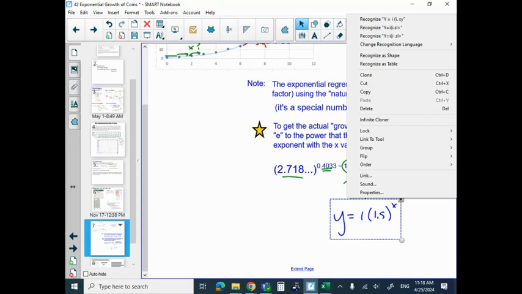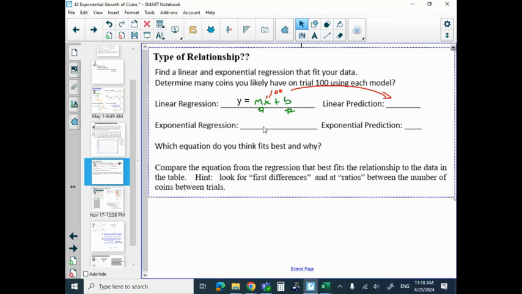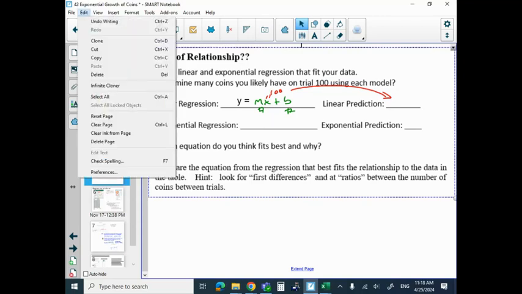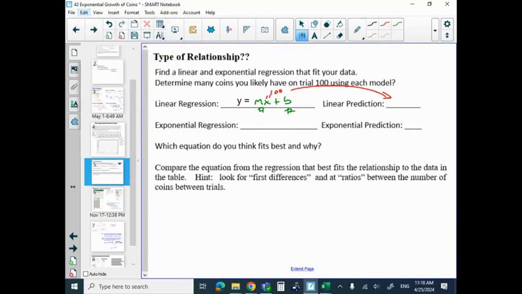I could have used, by the way, the 1.496, but it's so close to 1.5, I just put it on there. So for this one, we would have, here, not letting me paste right now, I'll just write it in. So y equals the 1 times the 1.5 to the x. Obviously, same deal. If we put in a 100, see what we get. It would predict how many coins you have after 100.